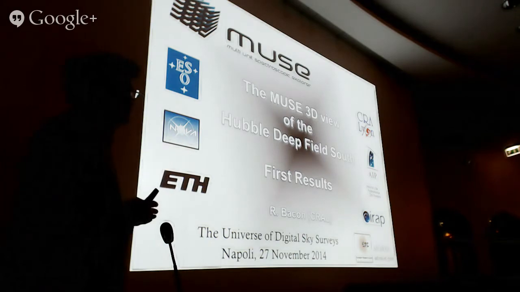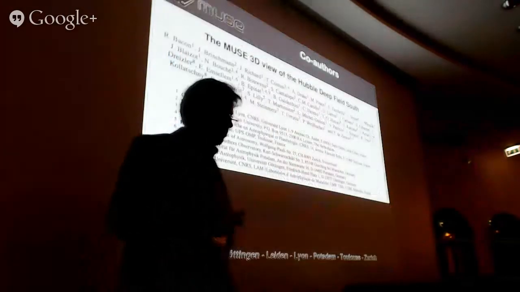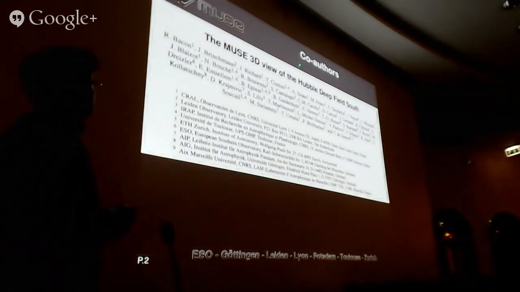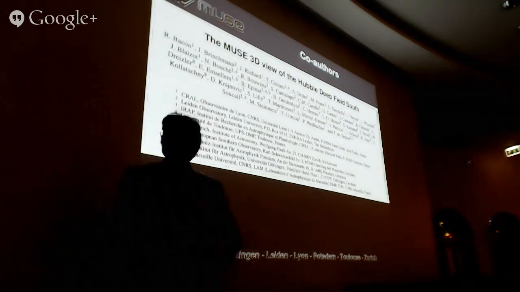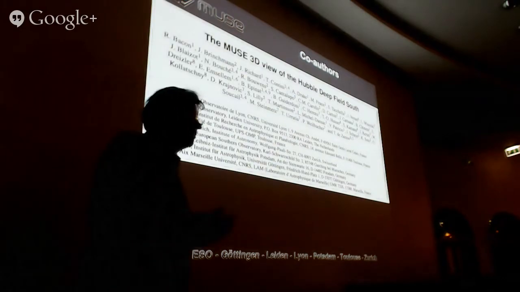I will present, in view of this meeting, what we've done on the Hubble Deep Field South, some first results. This is work done with many people, but two main contributors are Jarle Brinchmann and Johan Richard. Because it's a meeting about surveys, I should mention something about surveys.